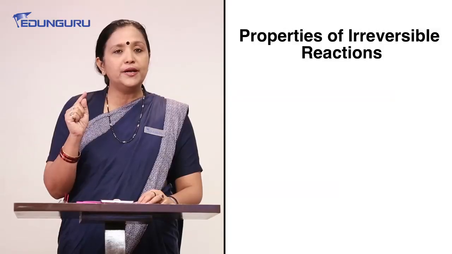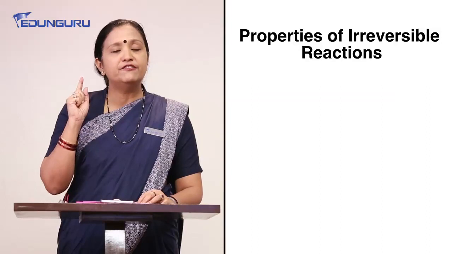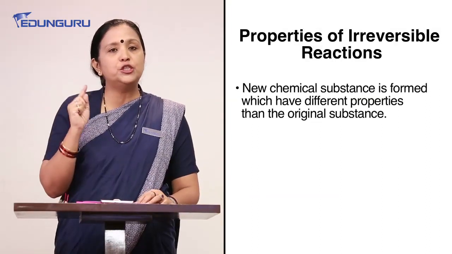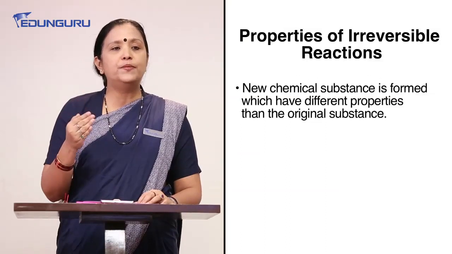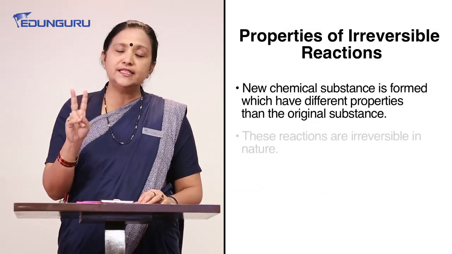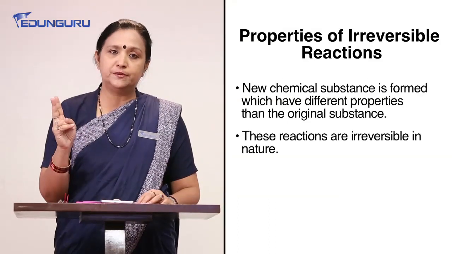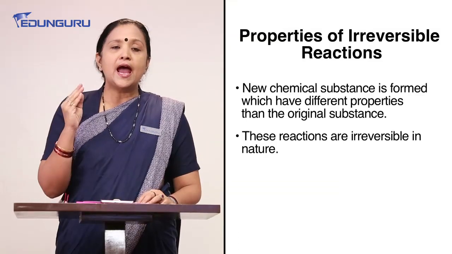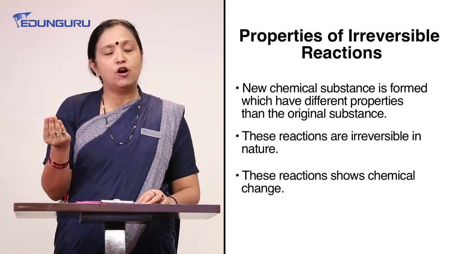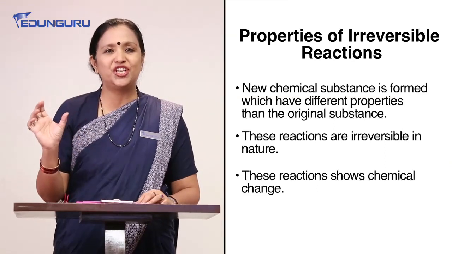And what are the properties of irreversible reactions? The properties are that the new chemical substance is being formed which will have different properties than the original substance. The second point is these reactions are irreversible generally. And because a new chemical substance is being formed, these reactions are also known as chemical change.